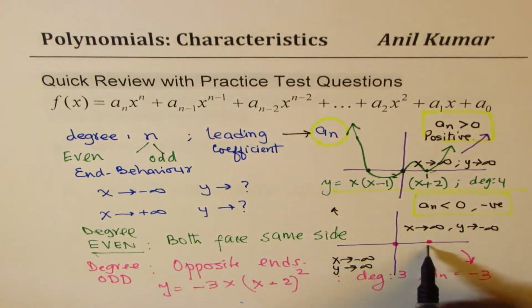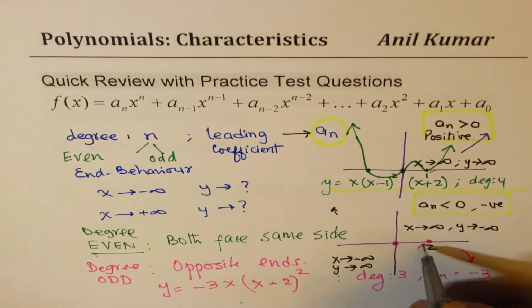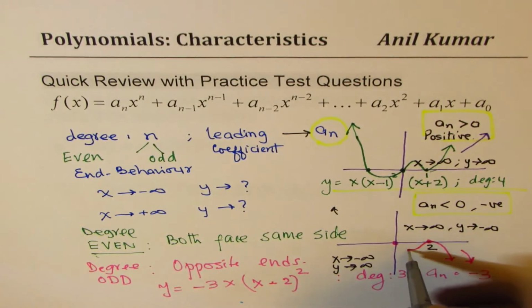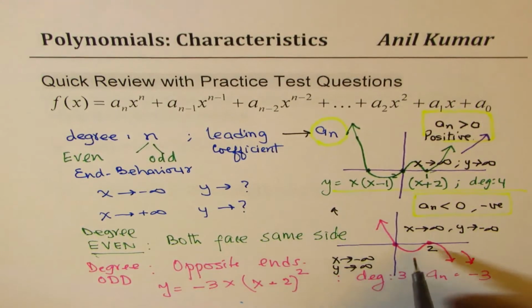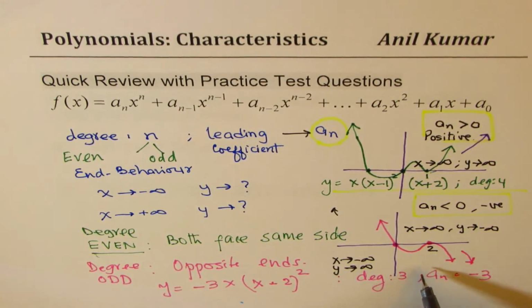Got it? So at 2, we see that the graph will bend, rather get reflected from the x-axis, right? So here the graph will get reflected, right? And on this side, this is a linear zero. It is going to go like this. So what you see here is a cubic function with negative leading coefficient, right?